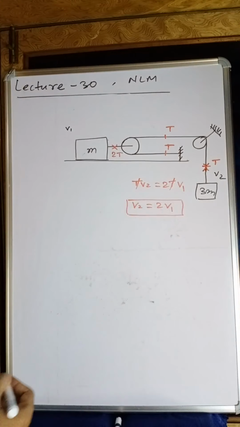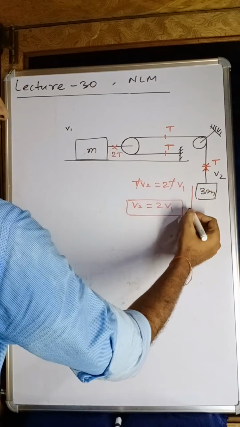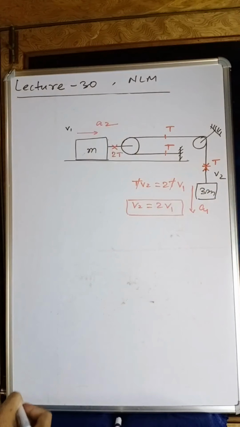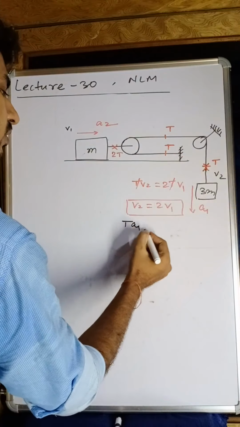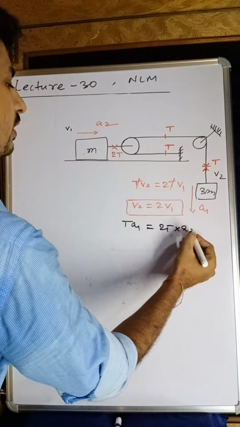Now for the acceleration, suppose this is moving down with an acceleration A1, then it will move with an acceleration A2. Okay, so we are going to write the relation between A1 and A2. It is T into A1 equals 2T into A2.